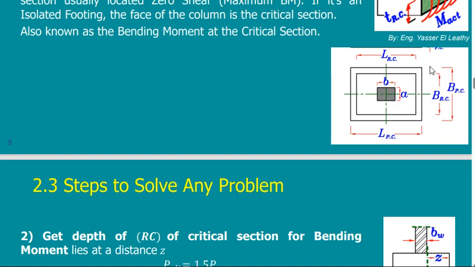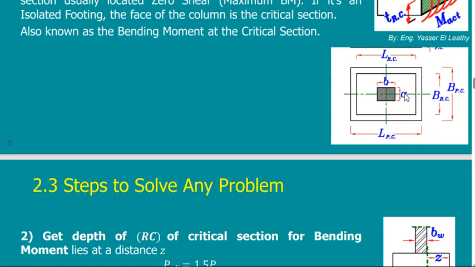This is the main role of the plain concrete. In case it is thin plain concrete, what is the definition of thin? It differs from one code to the other, but we stick to 20 centimeters. Less than 20 centimeters, it's just an extra precaution. More than 20 centimeters, it is working with you.